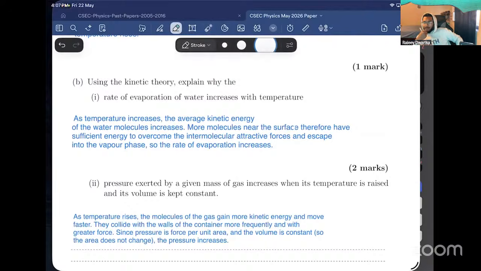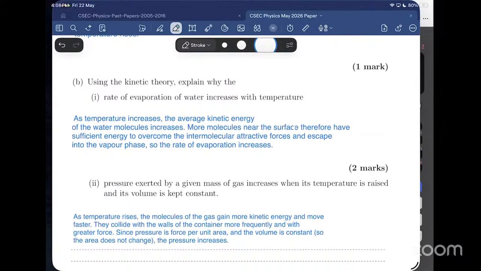Vaporization, boiling, happens throughout. But vaporization is just the liquid turning into gas. So the one I put was wrong? No, it's fine. It's fine.